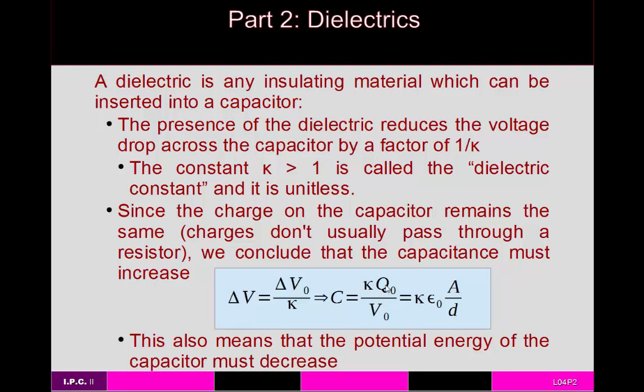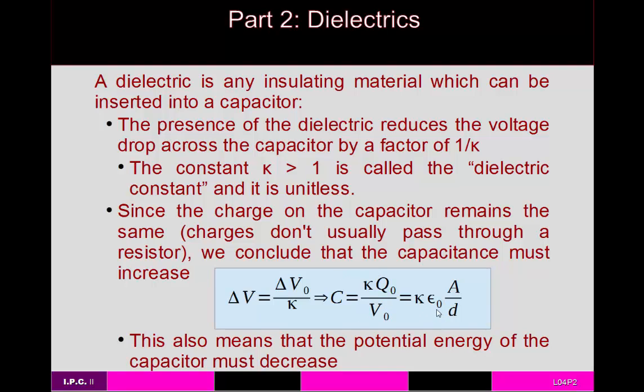So the capacitance is the charge that the capacitor holds under the conditions of having vacuum between the two plates divided by the voltage that would have been between the two plates when it's charged, times this factor kappa.